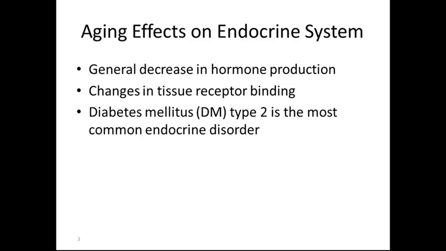This disease increases the risk of vascular disease, renal disorders, retinopathy, neuropathy, myocardial ischemia, angina, CVA, and peripheral vascular disease. Treatments are oftentimes the same for endocrine disorders as they are for any other population.